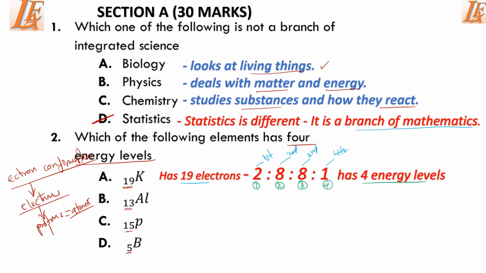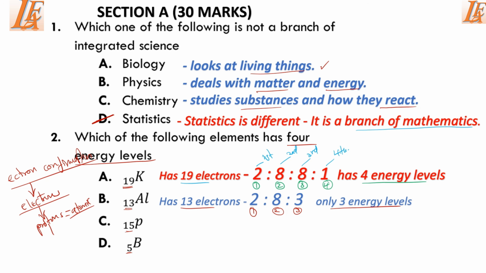B, which is aluminium, atomic number 13, has 13 electrons, which are arranged in only 3 energy levels, where 2 electrons take the first energy level, 8 electrons take the second energy level, and 3 electrons take the third energy level. Therefore, it has only 3 occupied energy levels.